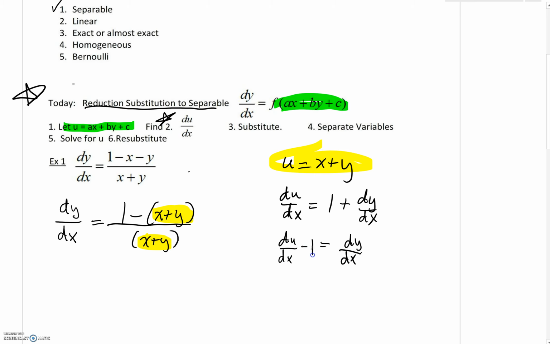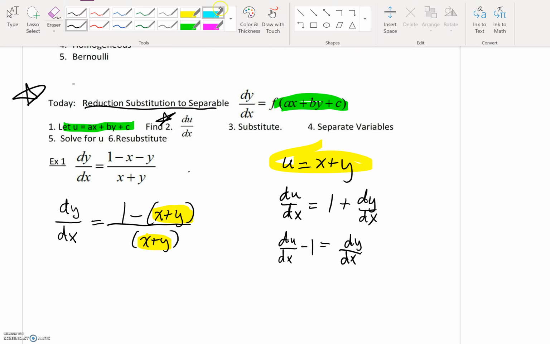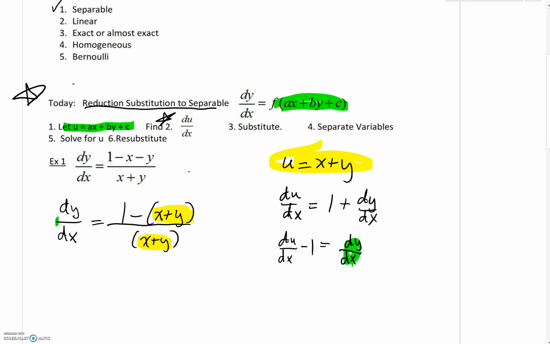Well, as we substitute, of course, we're going to be able to now come over here and make this left side du dx minus 1. That's what we just saw that's equal to. On the right side, this becomes 1 minus u all over u. And this is looking better already.